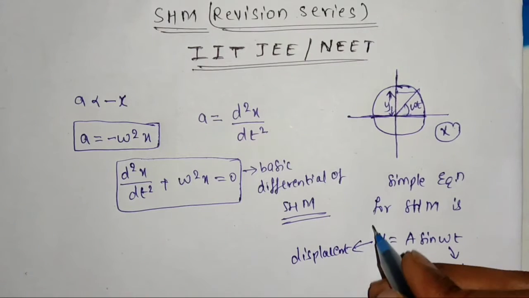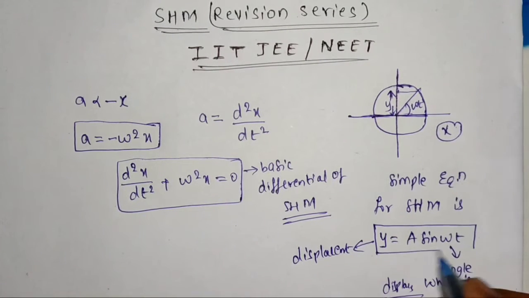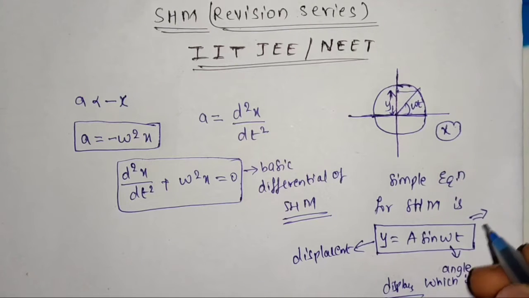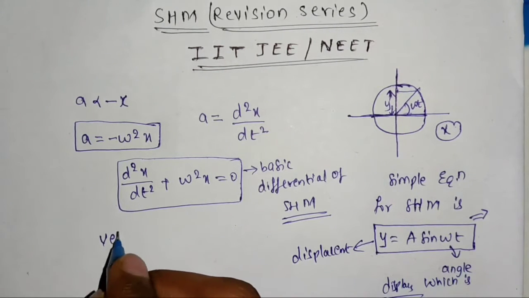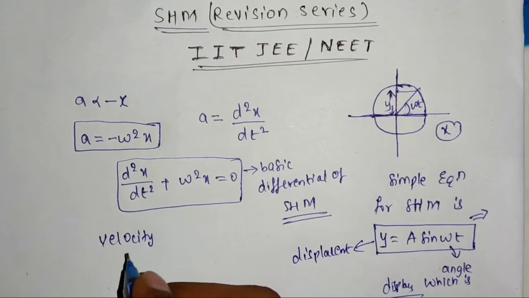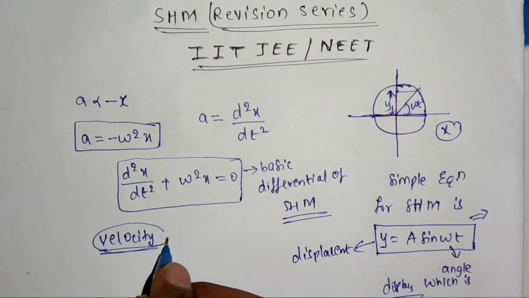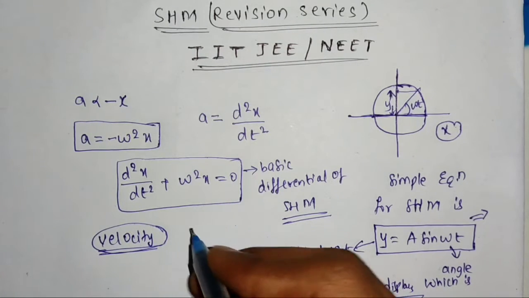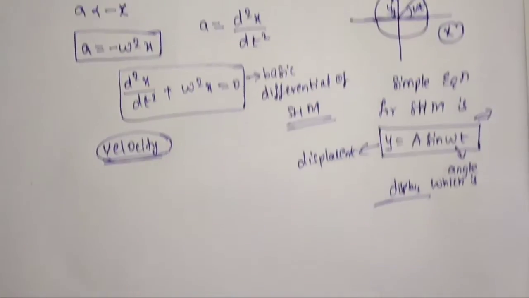We get this formula. This is the basic SHM formula. From this formula only we can derive velocity also. We will discuss that also.